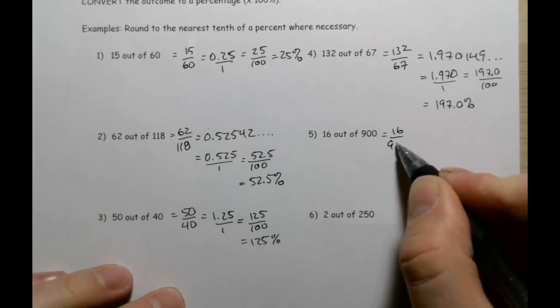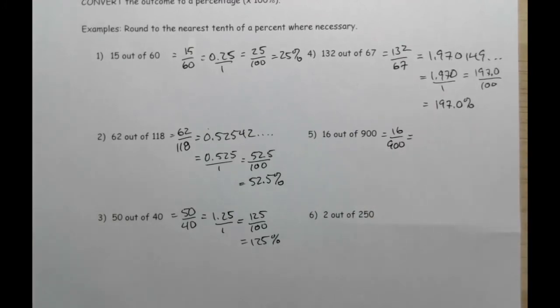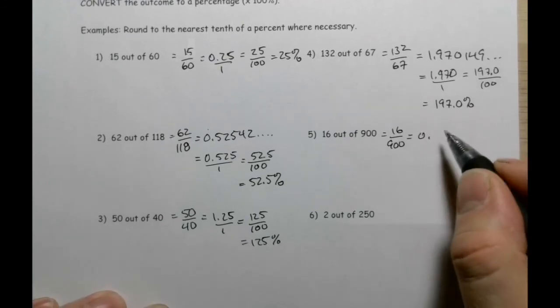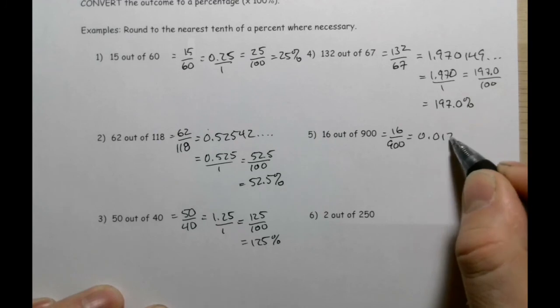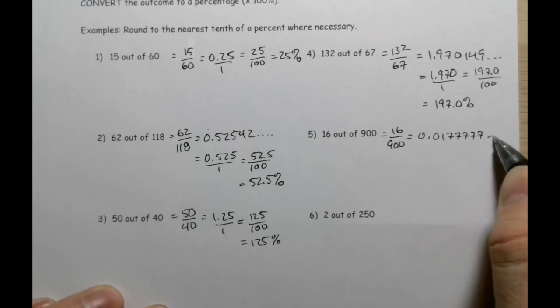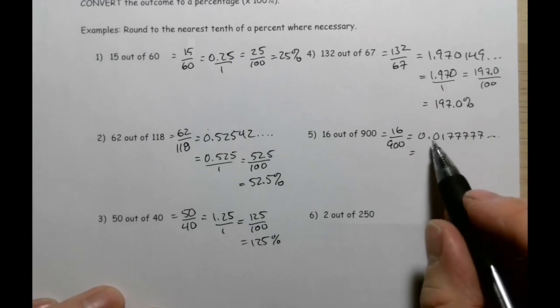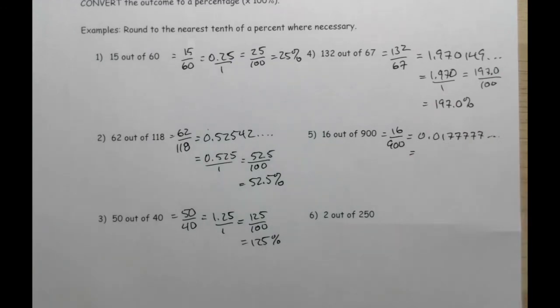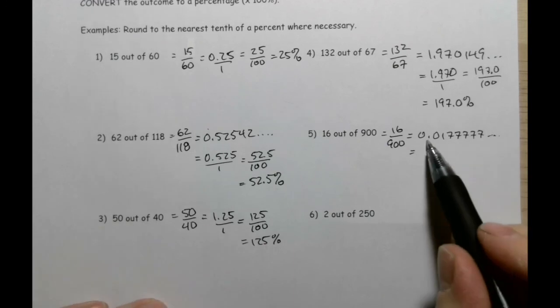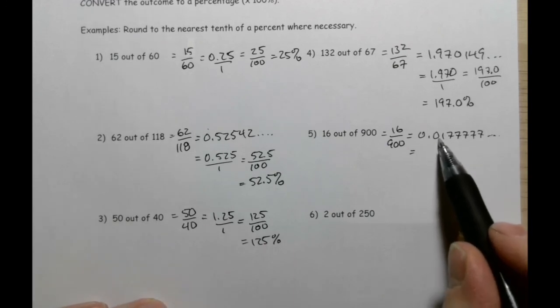16 out of 900. 16 divided by 900 is 0.1777777 and so on forever. Okay, so again, if I want the nearest tenth of a percent, when I turn it into a percentage, I'm going to move the decimal 2 to the right.